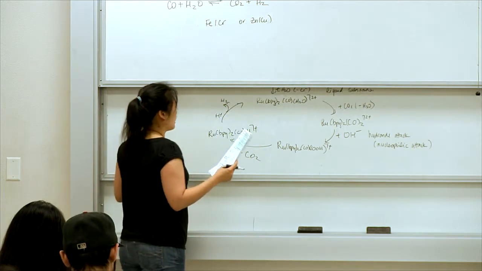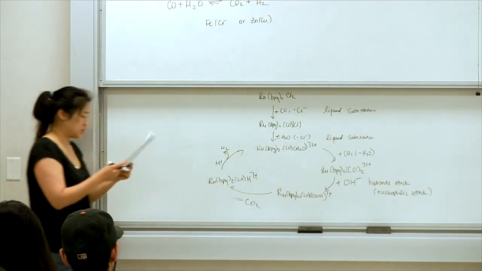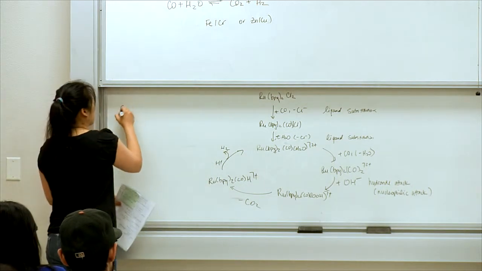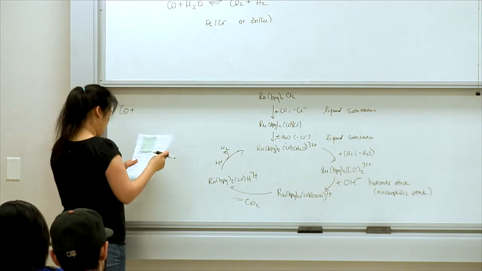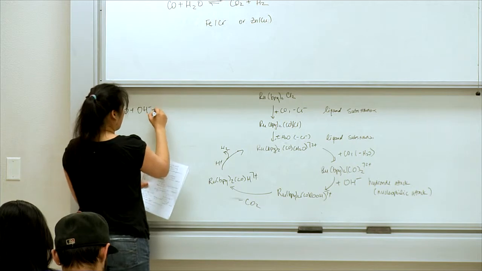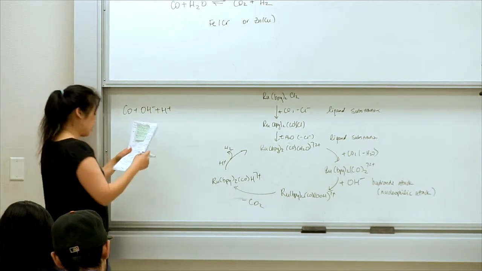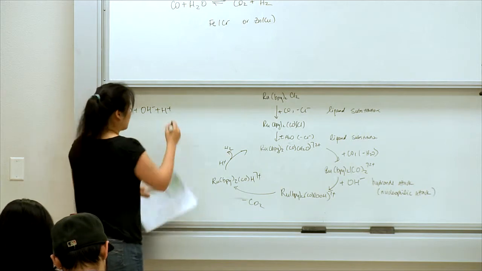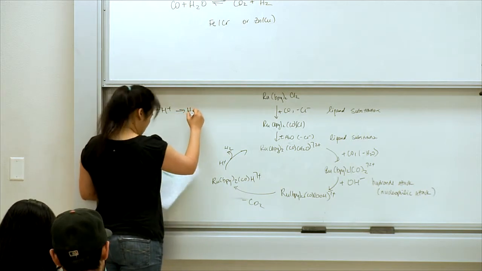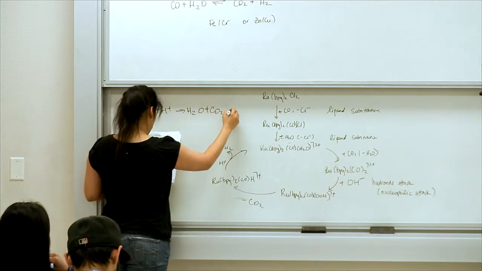And so the end result of this catalytic cycle with this ruthenium compound that's been looked at is you add CO plus OH minus plus H plus, right? Later in the cycle you get H plus in the form of H3O plus water, to give H2O plus CO2 plus H2.